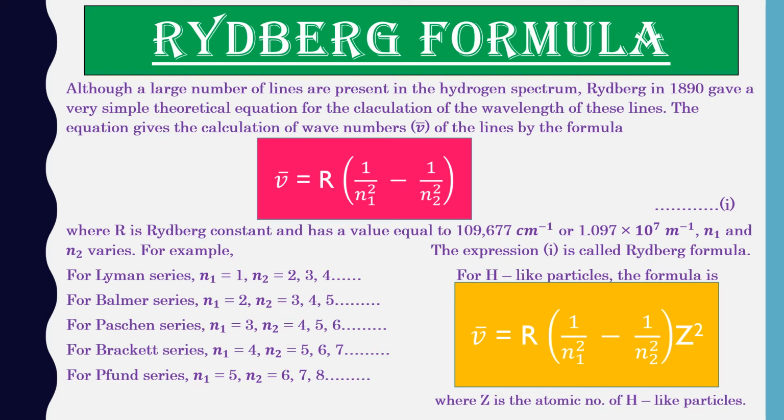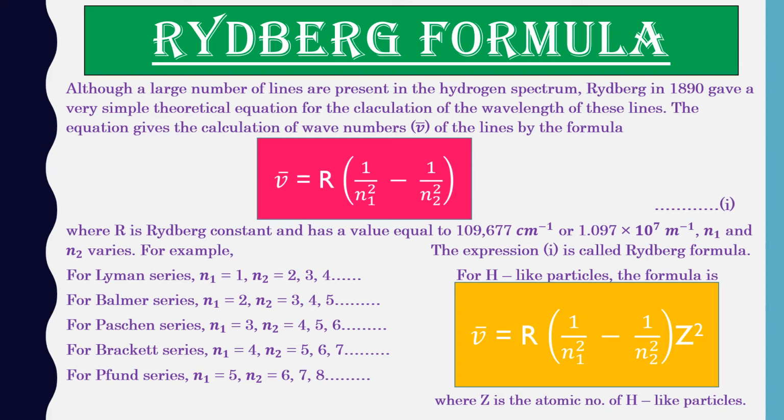For example, for the Lyman series, n1 equals 1 and n2 starts from 2, 3, 4 and so on. For Balmer, n1 is 2 and n2 is 3, 4, 5 and so on. For the Paschen series, n1 is 3 and n2 is 4, 5, 6 and so on, and similarly for the rest of the series.